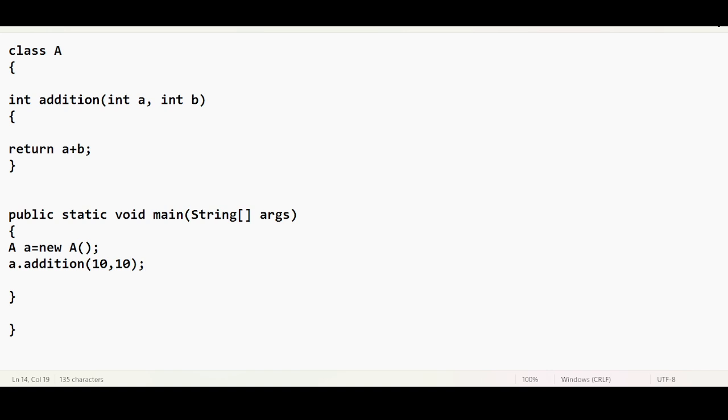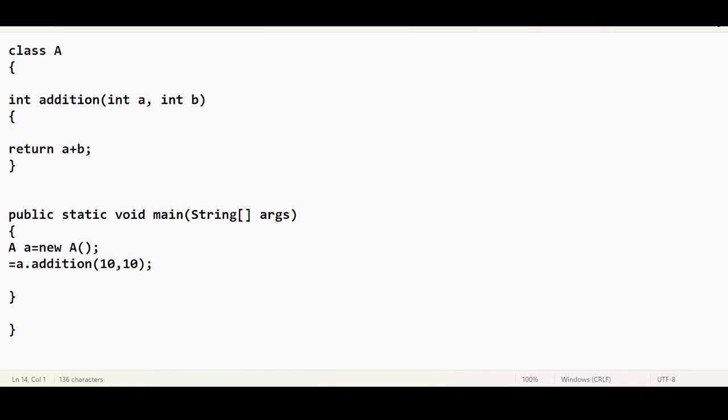This 10 will be collected by this variable A, and this 10 will be collected by this variable B. Both go through the arithmetic operation, and this 20 will be returned. But you are not storing that 20 in any variable. This 20 will be floating somewhere in the memory location. So you use a variable to store that.